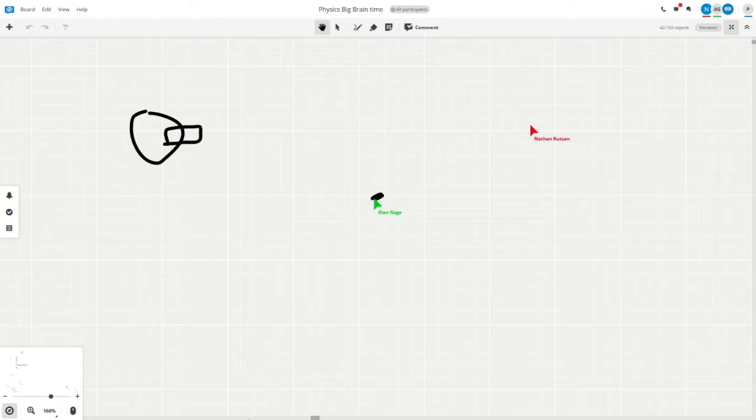You have one force pulling inward, which, if you have an object on a string, is your tension force keeping it on. For the most part, if it's just circular motion, that's all you're going to have. It's just that pulling inwards and changing the velocity as it goes around.